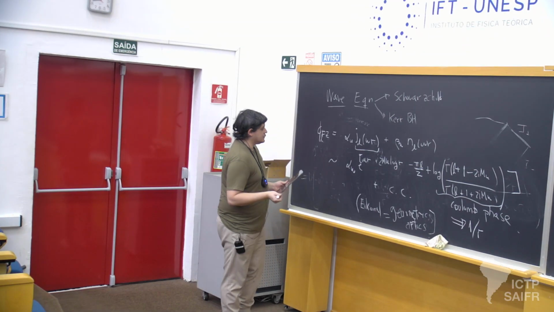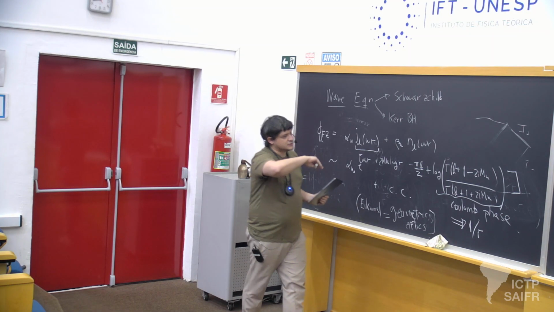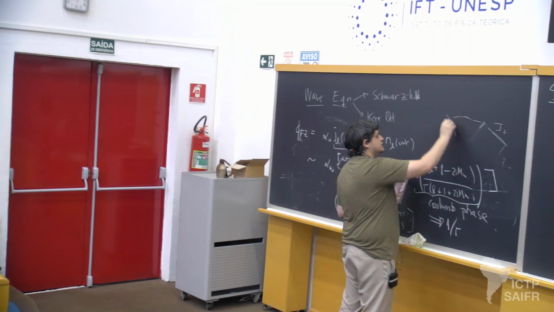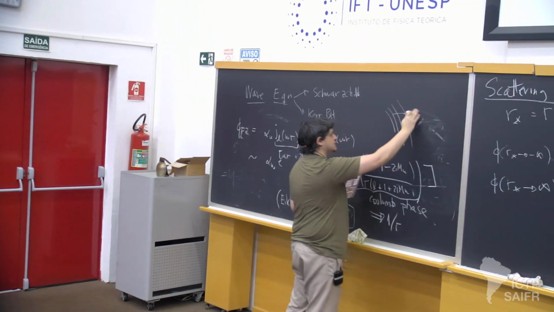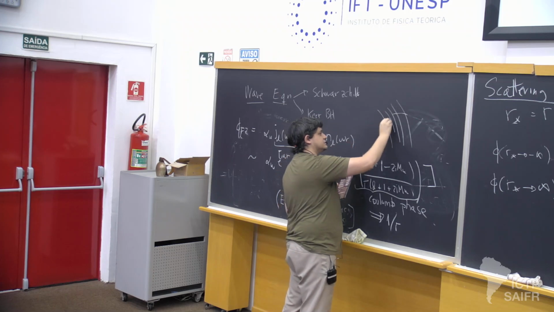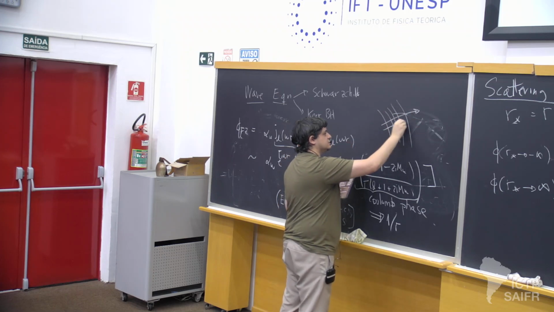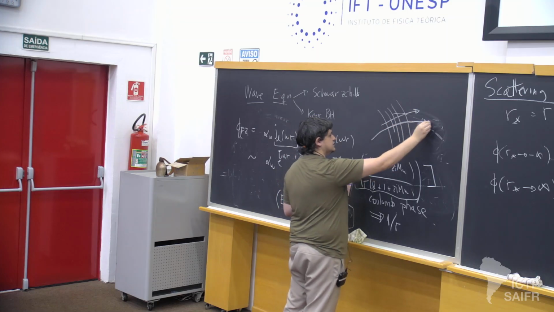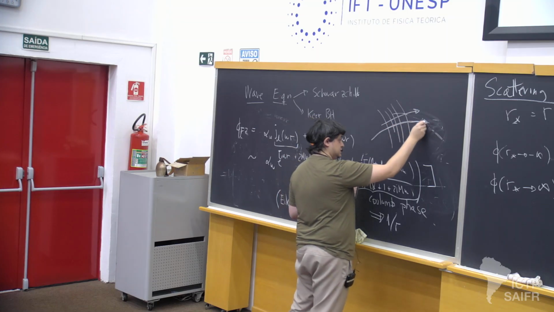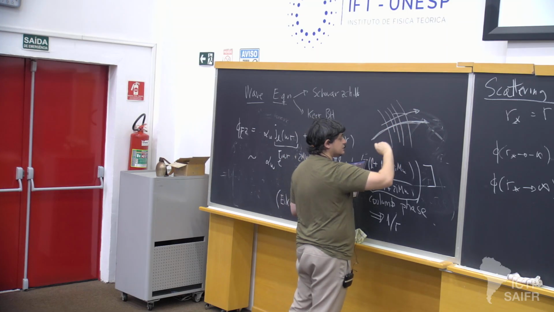So the idea is that very far from the source, I'm just trying to give you an intuition here, there is a sort of wave packet traveling in some direction, and in the geometric optics limit, we can understand this as a null geodesic.